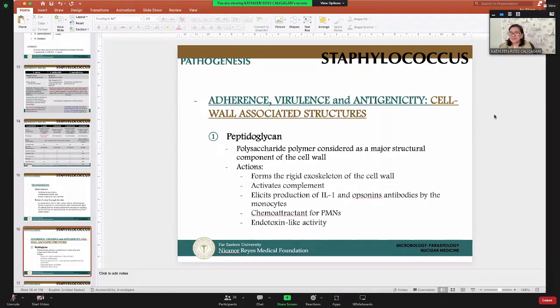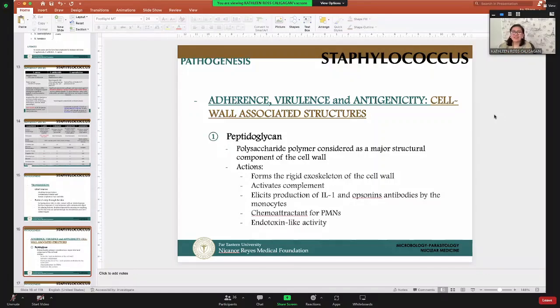It is considered the major structural polymer of gram-positive organisms. So the action, it forms a rigid exoskeleton for the cell wall. It can activate the complement system. It can elicit an immunologic response. It's a chemoattractant for polymorphonuclear cells, and it has an endotoxin-like activity.